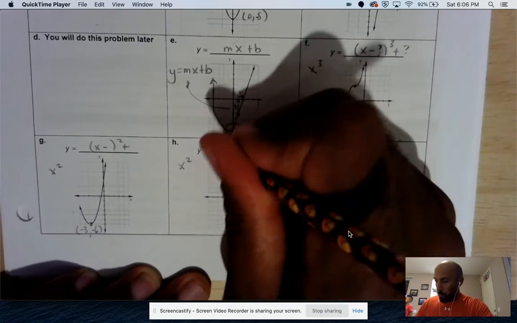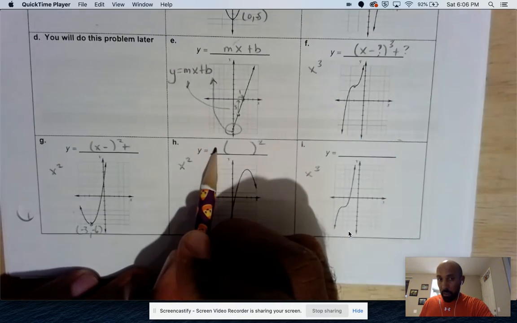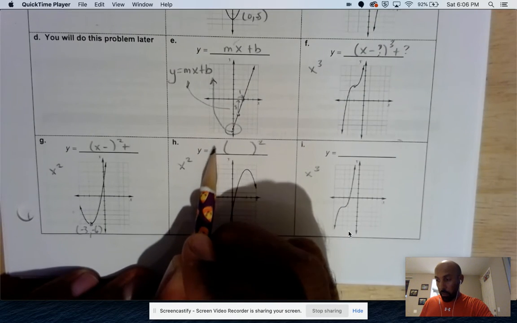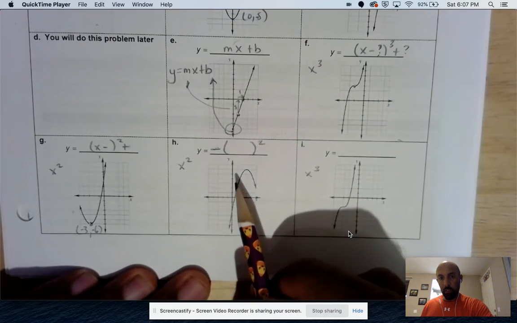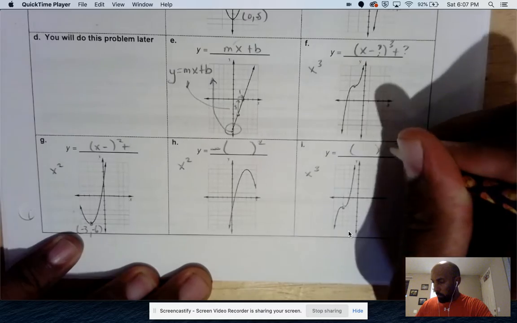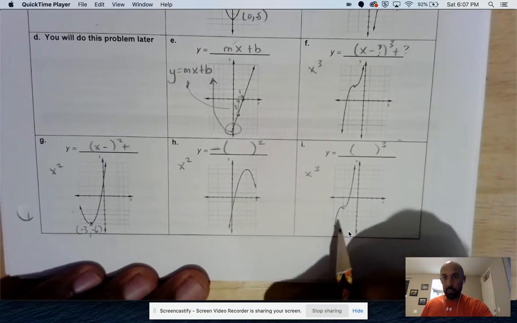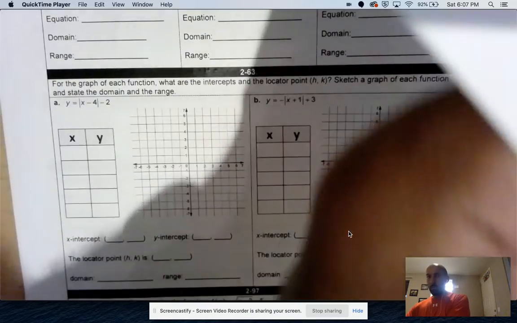Same thing here, but notice again, this one's pointing down. So think about what you have to put here. That means I have to put a negative. So same thing: figure out that vertex. Here, figure out the locator point and plug it in. But again, remember, this is cubed because this is one of those cube functions. Okay, so that's how you figure out that page. Let's flip it over.